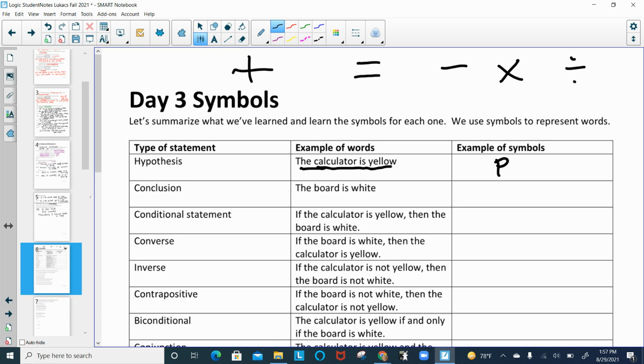That's our hypothesis. And then our conclusion would be generally a letter that goes afterwards, but not always. So there's a Q for the conclusion: the board is white.